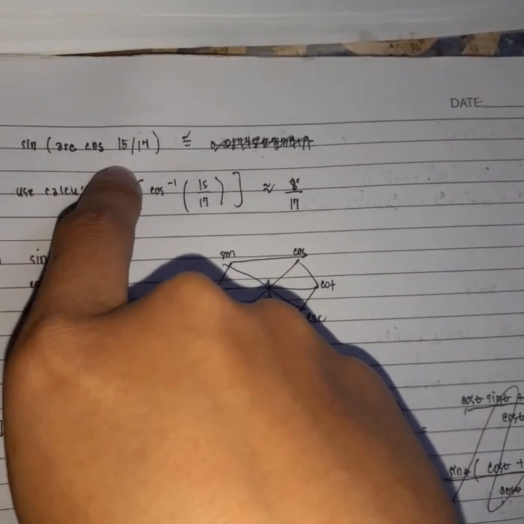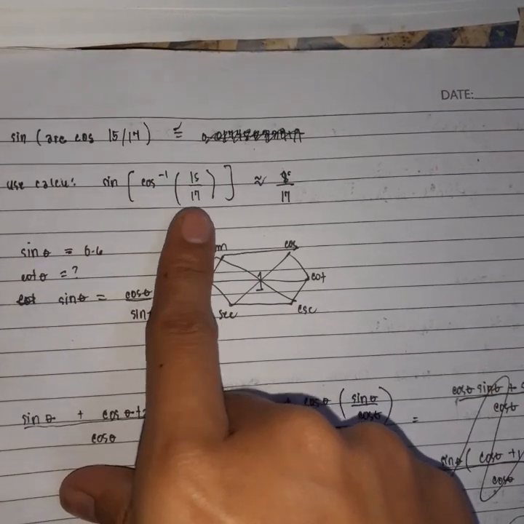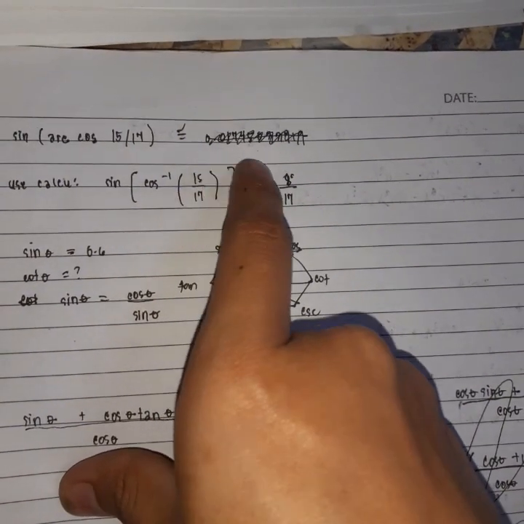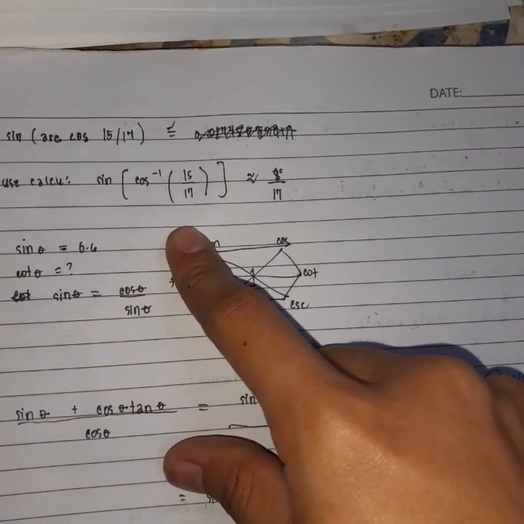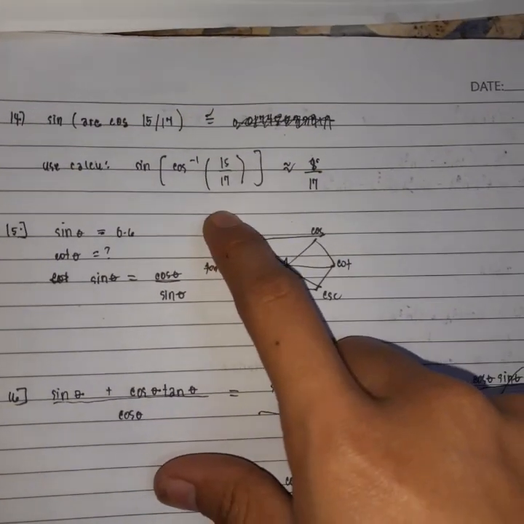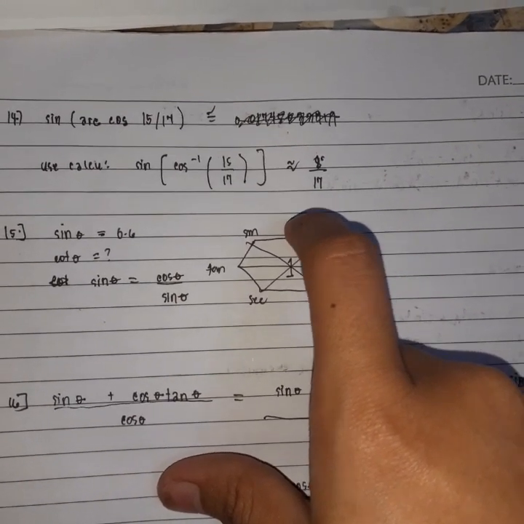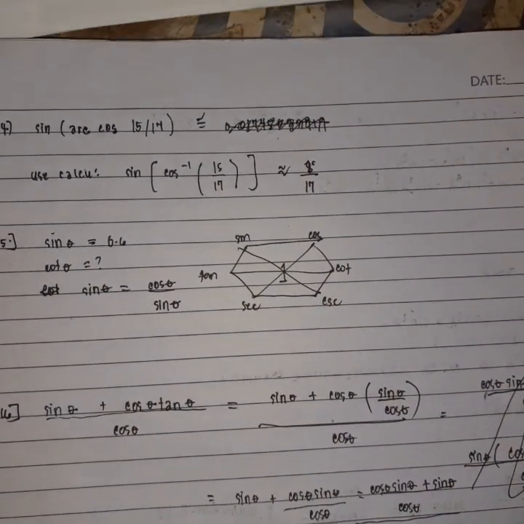So we need to put shift cosine of 15 over 17, then close parenthesis and close parenthesis again, so that it will not give a syntax error. That's equivalent to 8 over 17, which is our answer, letter D.